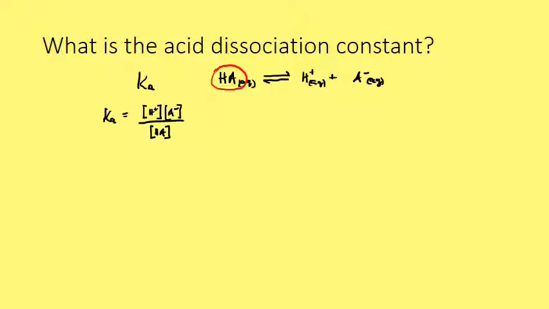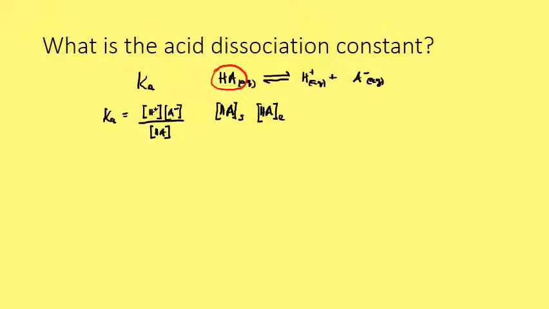So there is our expression for Ka, a normal equilibrium expression, but we can simplify it in a couple of ways. Let's just specify the concentration of HA at the start of the reaction, and then also specify the concentration of HA at equilibrium.